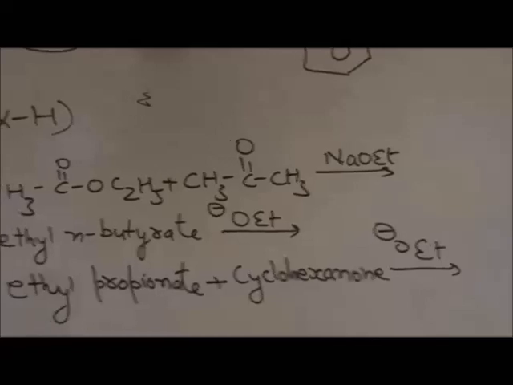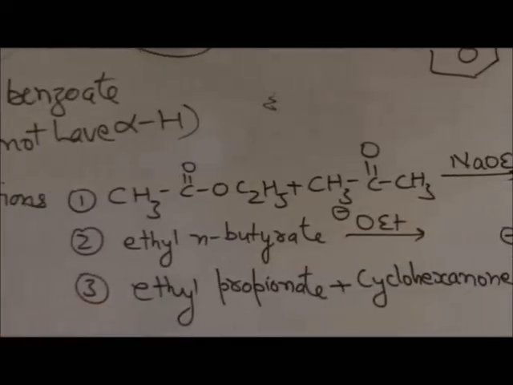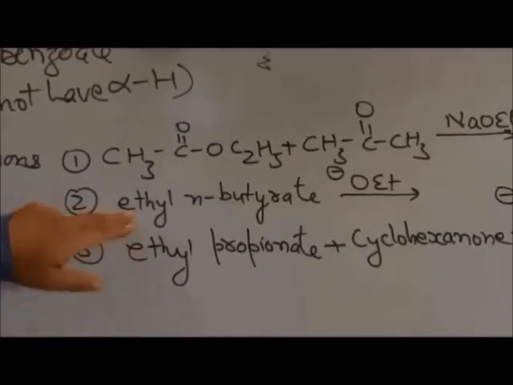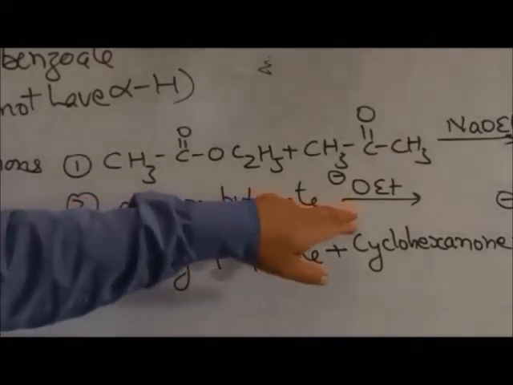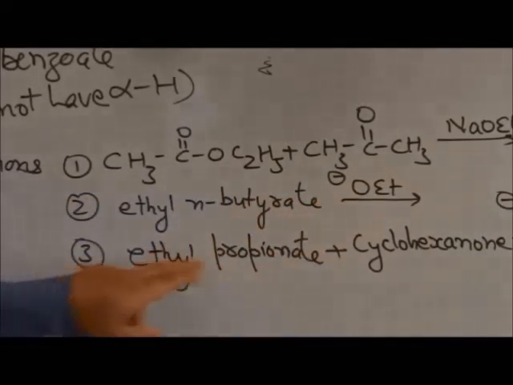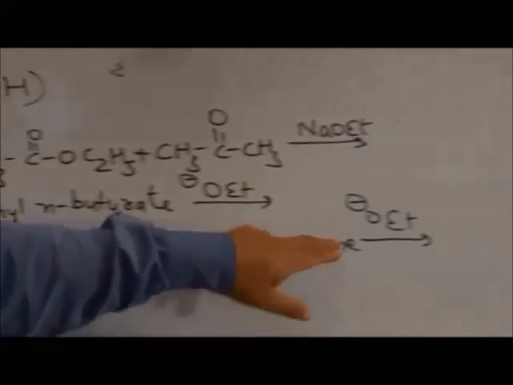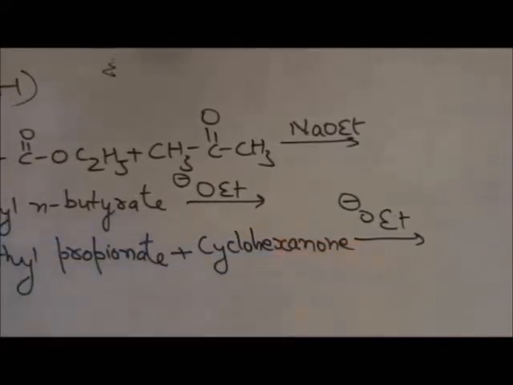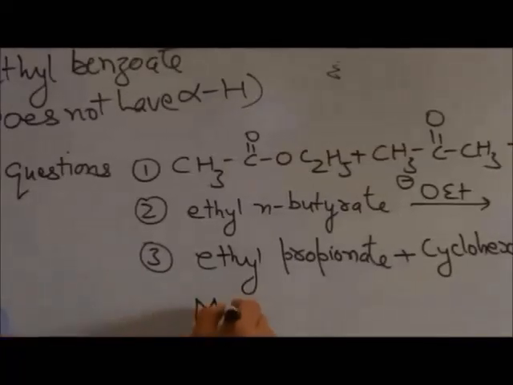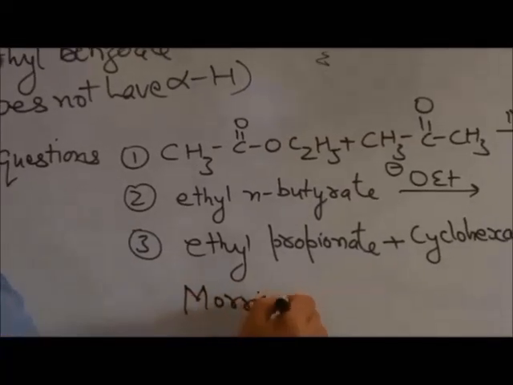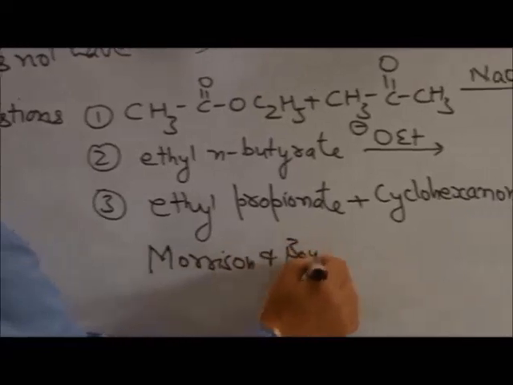What product will form? Try solving these. I will put the answers in the group. Ethyl butyrate in the presence of ethoxide ion. Ethyl propionate plus cyclohexanone in the presence of ethoxide ion. We have taken these problems from Organic Chemistry by Morrison and Boyd. So solve these questions.